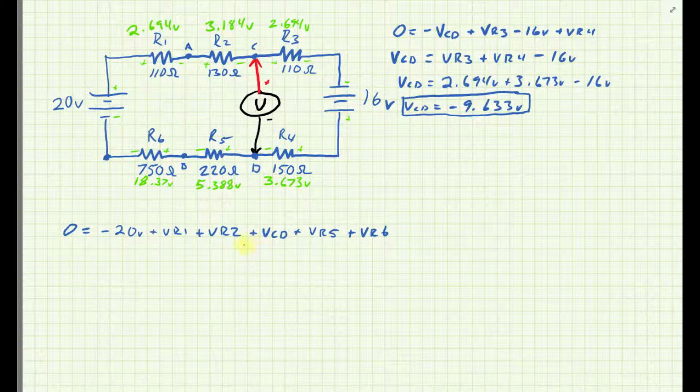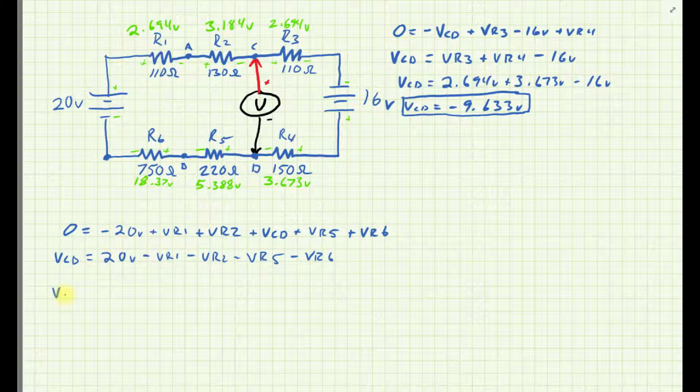All right. What I'm solving for is VCD, so I'm going to add 20 to both sides and subtract all my voltages from both sides. So essentially VCD equals plus 20 volts minus VR1 minus VR2 minus VR5 minus VR6.